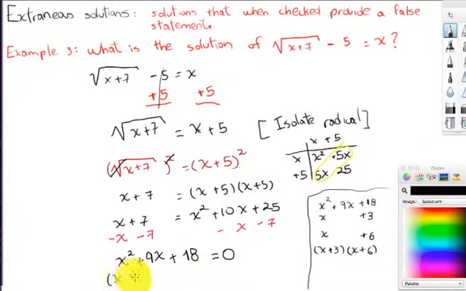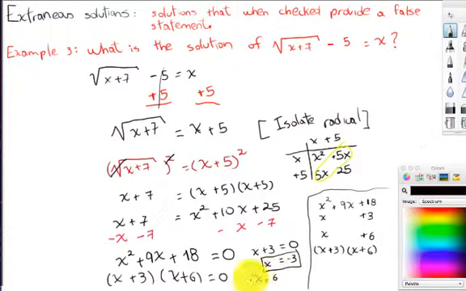So from there we obtain x plus 3 times x plus 6 equals 0, which allows us to conclude that x plus 3 equals 0, which means that x equals negative 3, and x plus 6 equals 0, which lets us know that x equals negative 6.